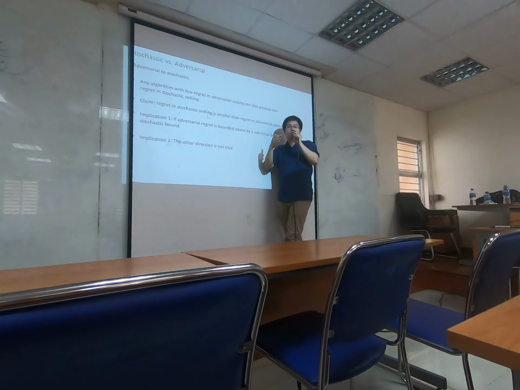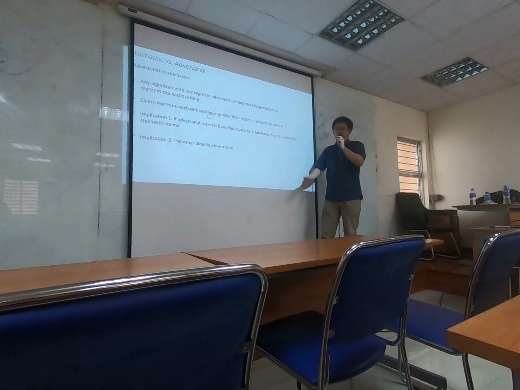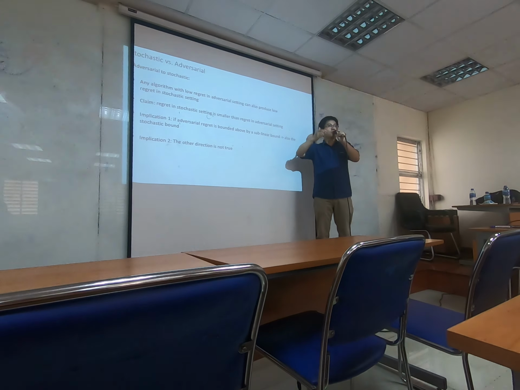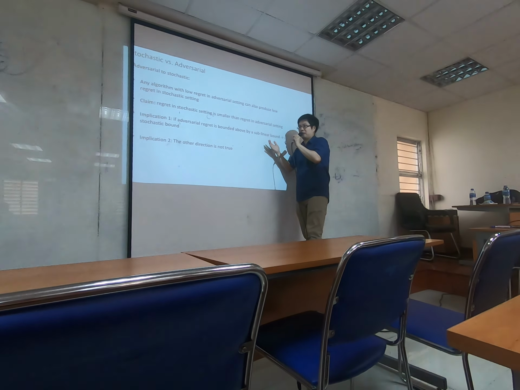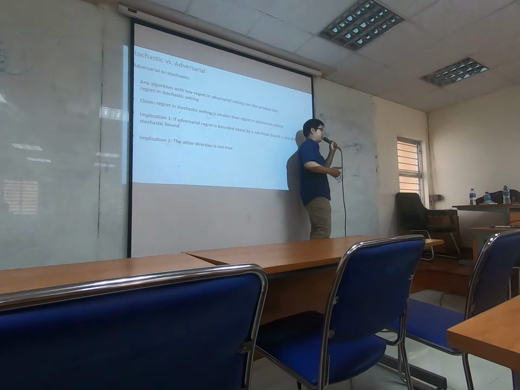This is a very simple argument. It's like the max of the expectation and the expectation of the max. It's a convex function. So the max of the expectation will be smaller than the expectation of the max.